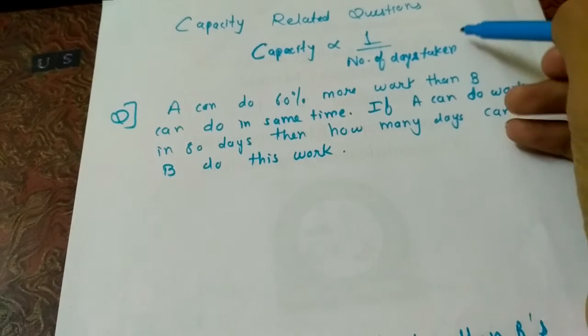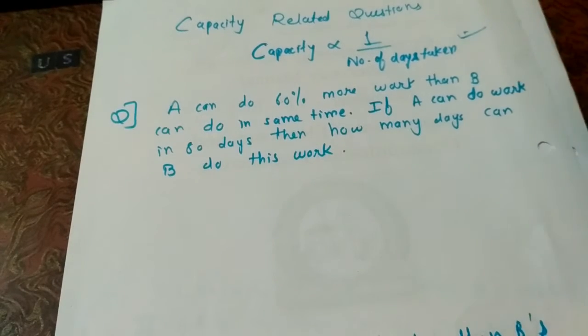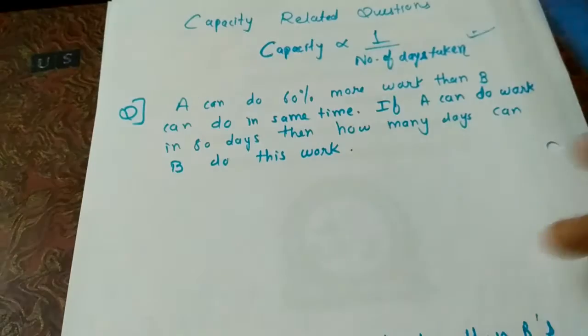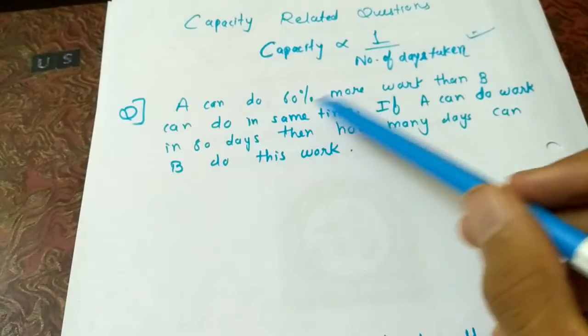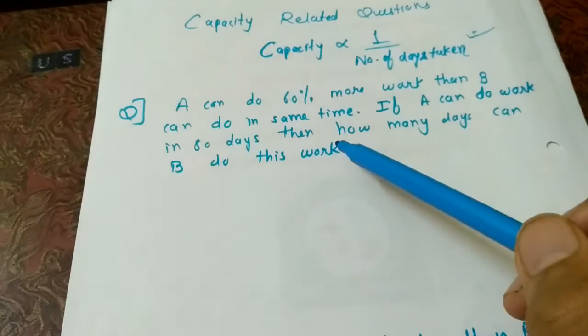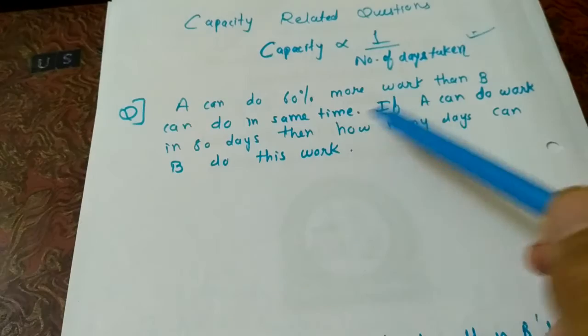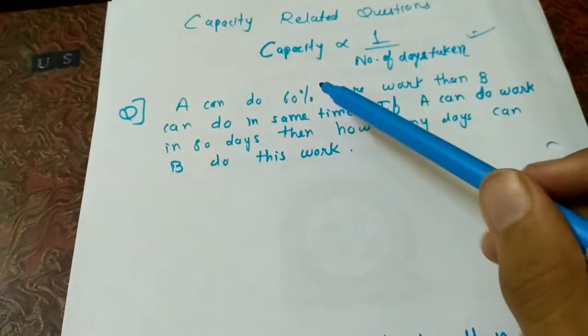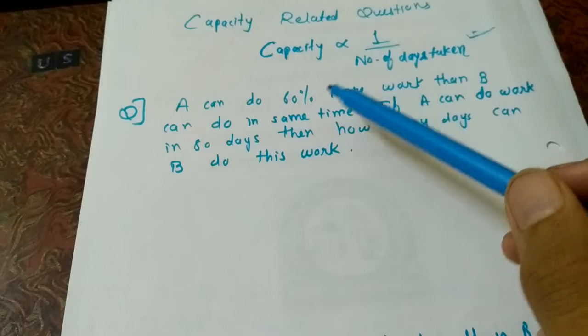So with this intuition developed, it is very much obvious thing. Let us calculate the first problem: A can do 60% more work than B can do in same time. So we can say that A's capacity is more, and it's more by an amount of 60%.